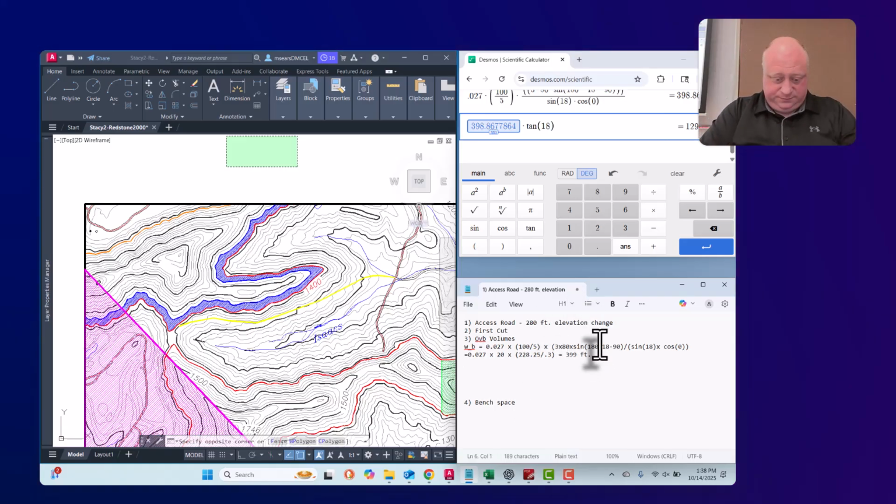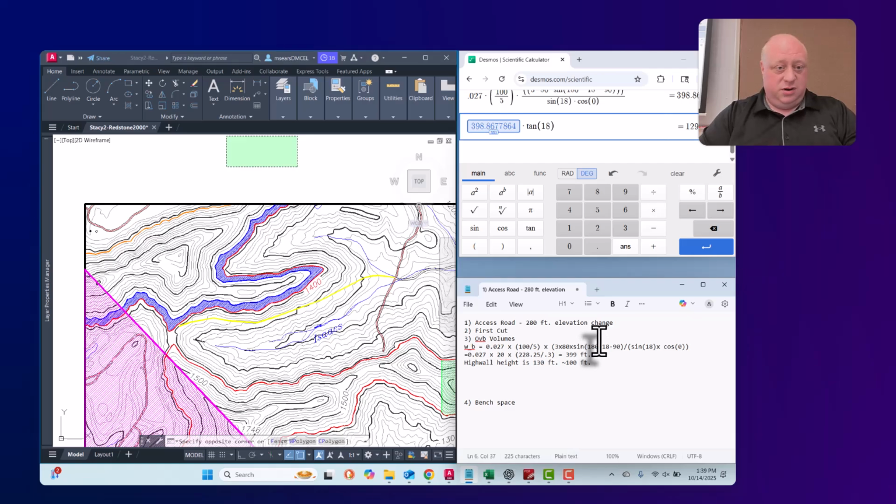So our high wall height is pretty much 130 feet, but you're likely going to have to limit that to something more like 100 feet if it's going to be vertical.